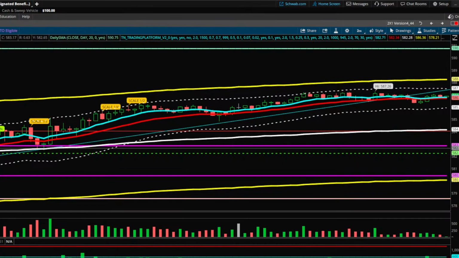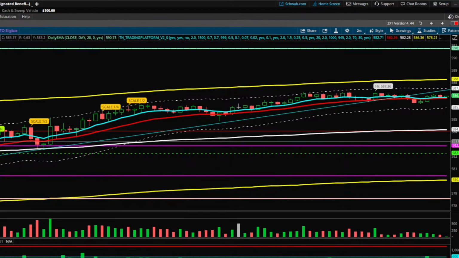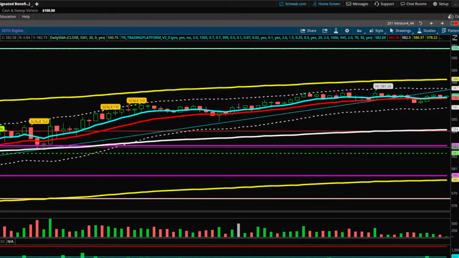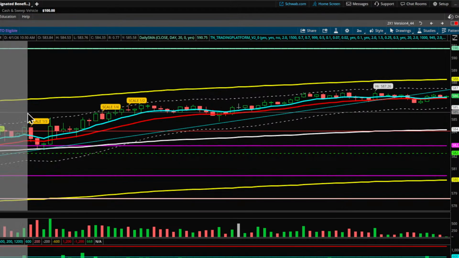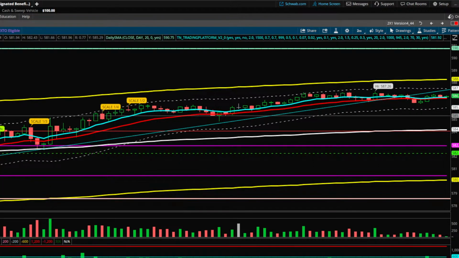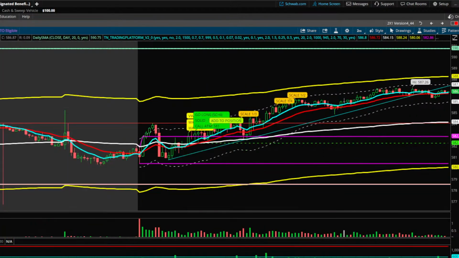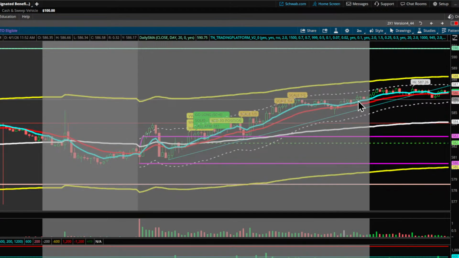So here I got two call options, and then the price retraced and tested the opening range high, then bounced right back up on very strong volume.